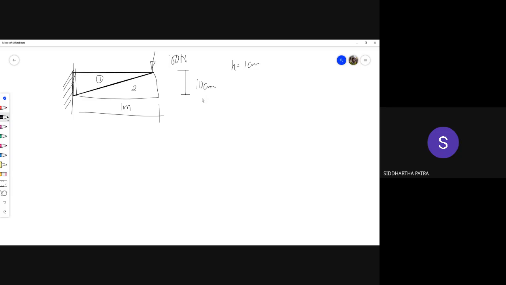So first do the closed form solution for the deflection. Then try to do the finite element solution. You can assume plane stress.